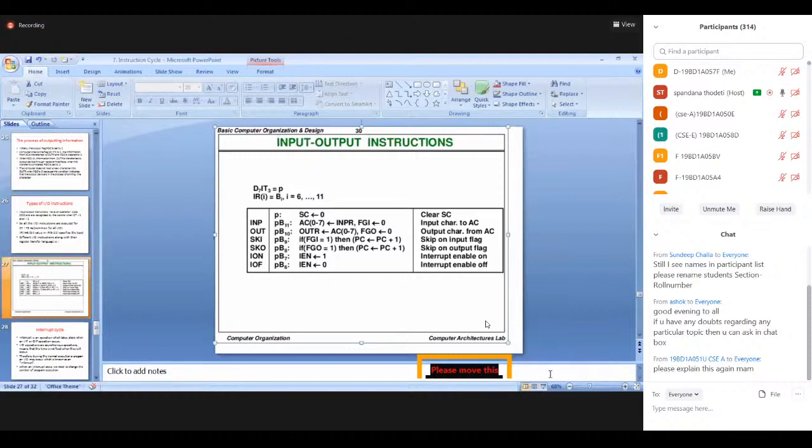Is it clear, ma? Any other doubts? Yes, ma'am. Bus diagram. 7E. Bus diagram. The one which I just now explained, right? You are asking the same?